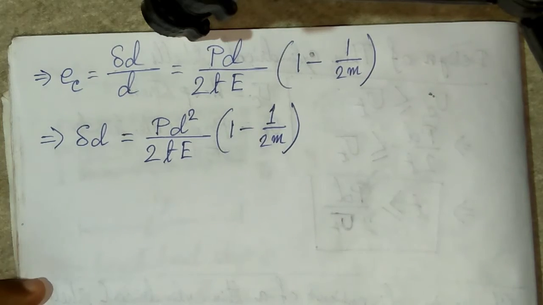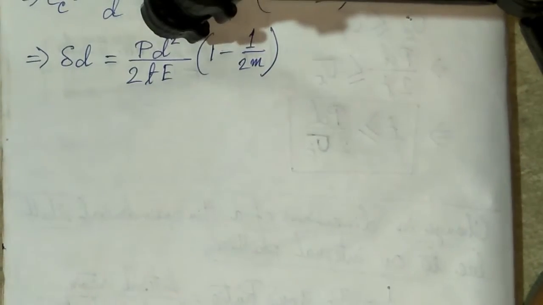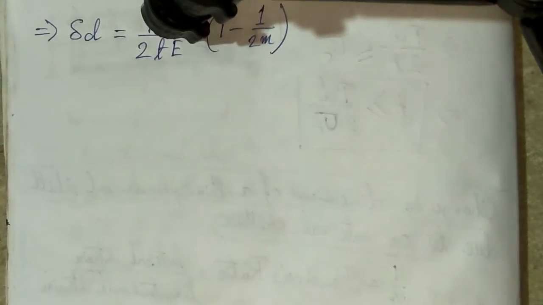The first one was the net circumferential strain.